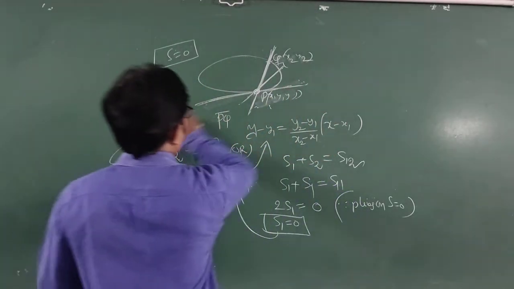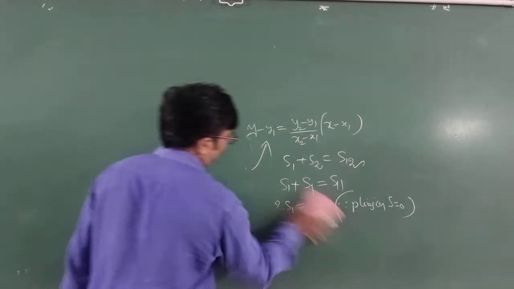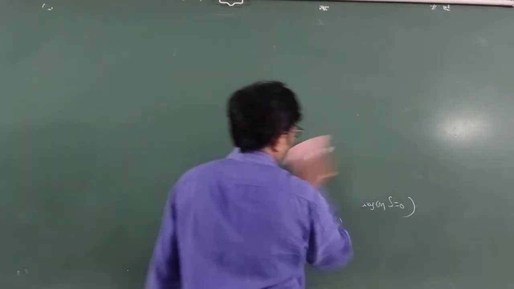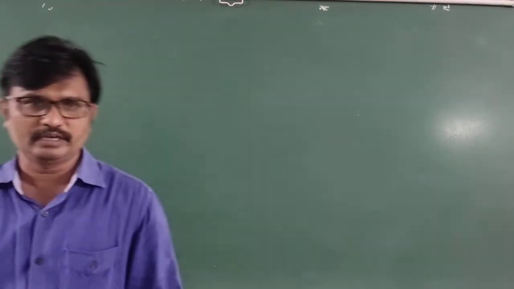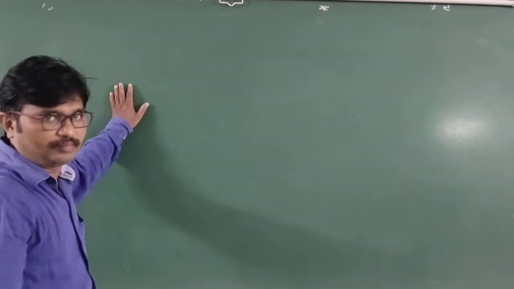Okay students, right now we are going to discuss the equation of the tangent at P(x1, y1) to the ellipse S equal to 0, which is S1 equal to 0. So now we can prove it by another method.